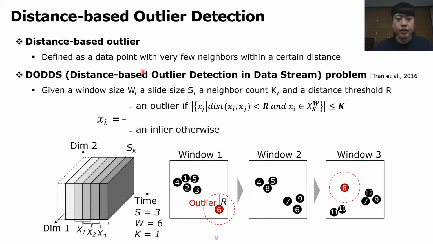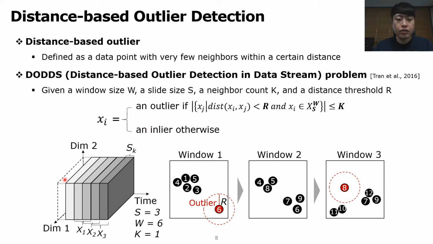a data stream. Given a window size, a slide size, a neighbor count threshold, and a distance threshold, a data point in a data stream is an outlier if it has less than k data points within a distance R, defined by the sliding window with size W slided by S. If not, it's an inlier.